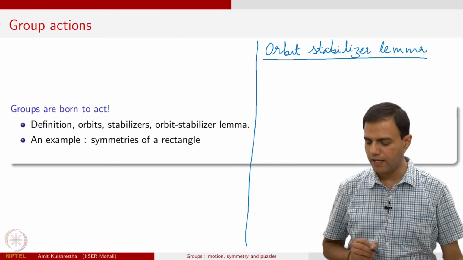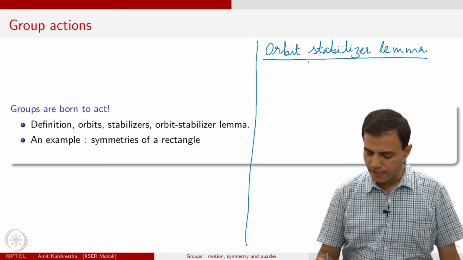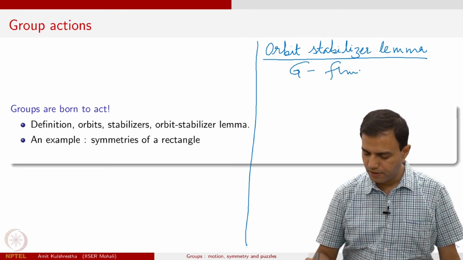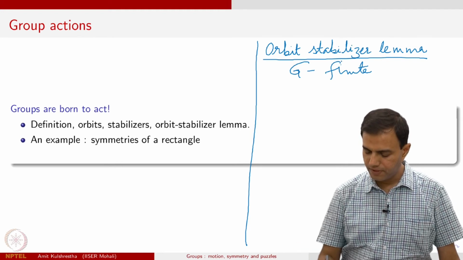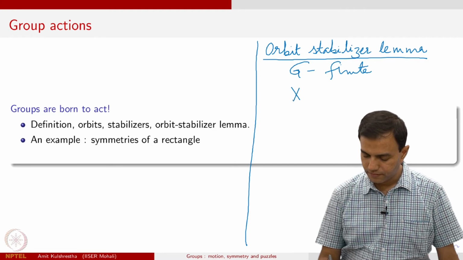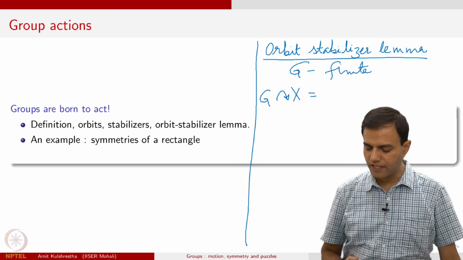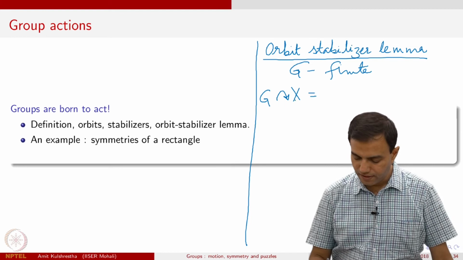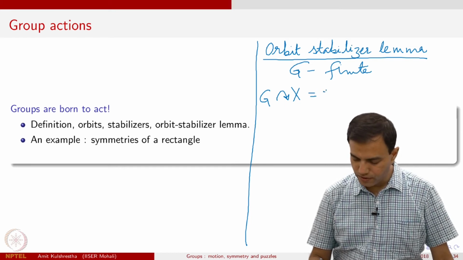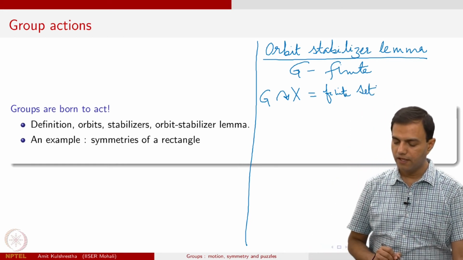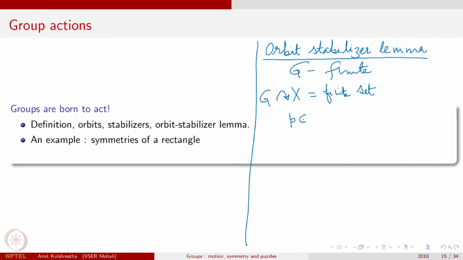Orbit stabilizer lemma. What does it say? It says that you take a group which is finite and you take a set X such that G acts on that set, and say X is also a finite set, and then you pick any element P in X. You can consider the stabilizer of this point.